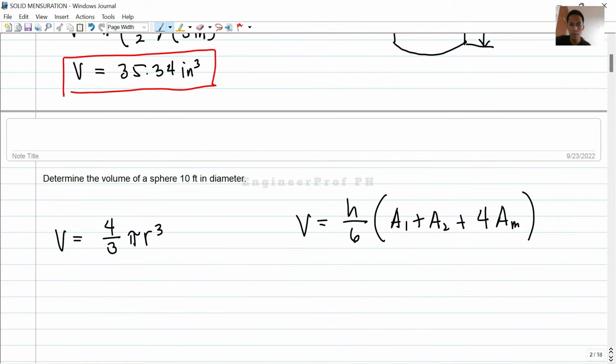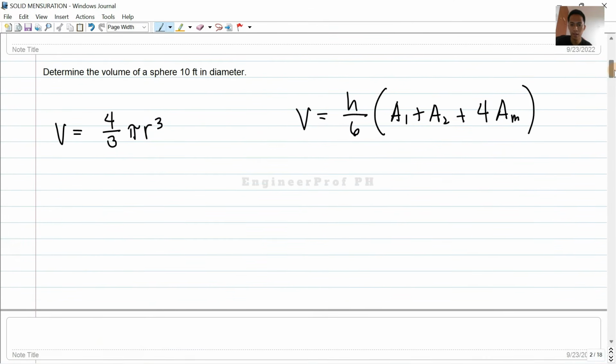For example, if we go back to our first problem here, so that is a cylinder. Cylinder siya. So that is, ganito yung figure niya. So A sub 1 here is the area of the top area. Okay, ito yung top area niya, A1. Okay, and then yung A2 will be the area of the bottom, so that is A sub 2.